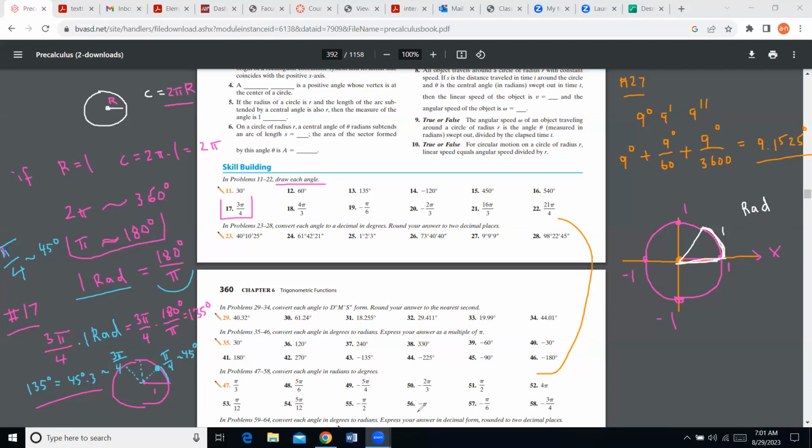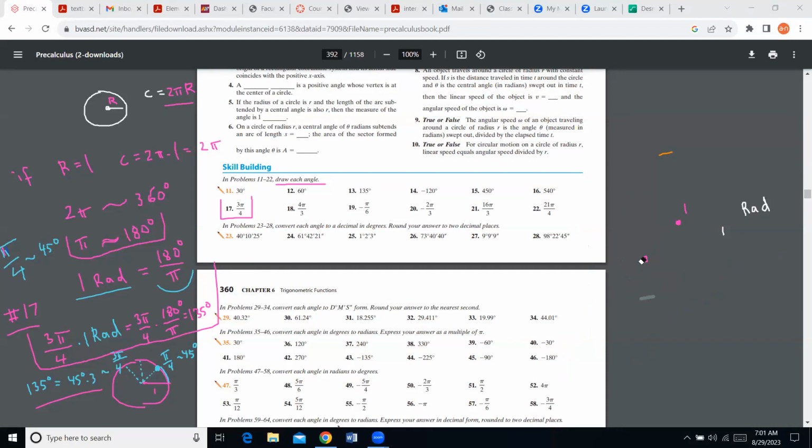Turns out that this is an algebraic method to convert, which is totally not intuitive. People just remember to multiply by 180 over pi, and this way this pi will cancel. So pi has to be in the denominator. And probably if you go to the tutoring lab, that's how the tutors will show it to you.